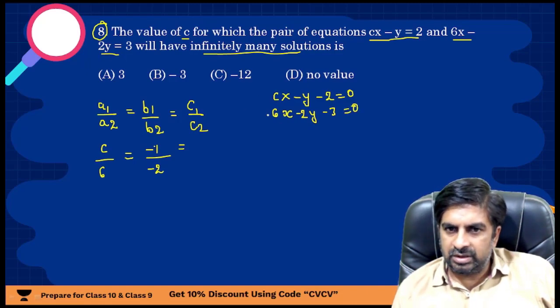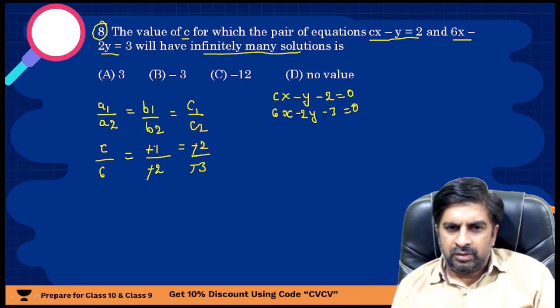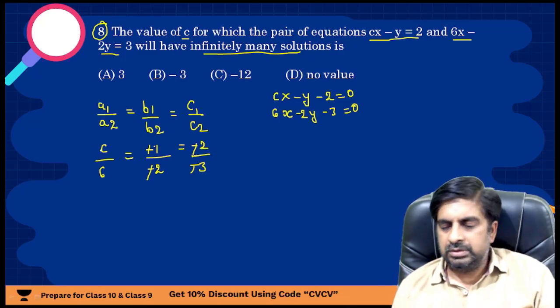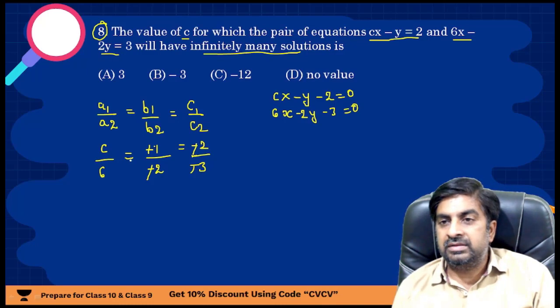First you need to arrange it in standard form. Now minus 2 by minus 3, you can cancel this, but one condition is there. Here you can put any term on c. If you want to put, you can compare with this, and you need to compare with this also, and every time you need to get the same answer.